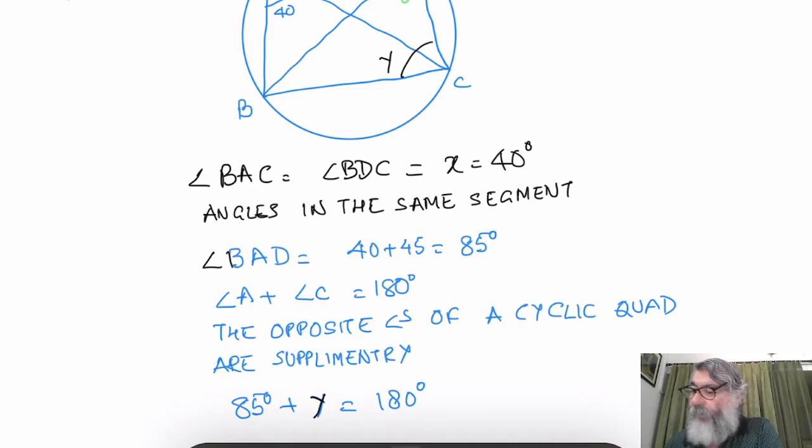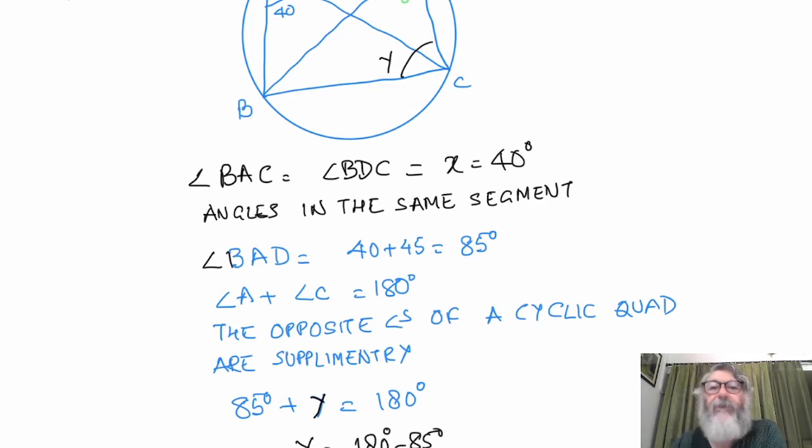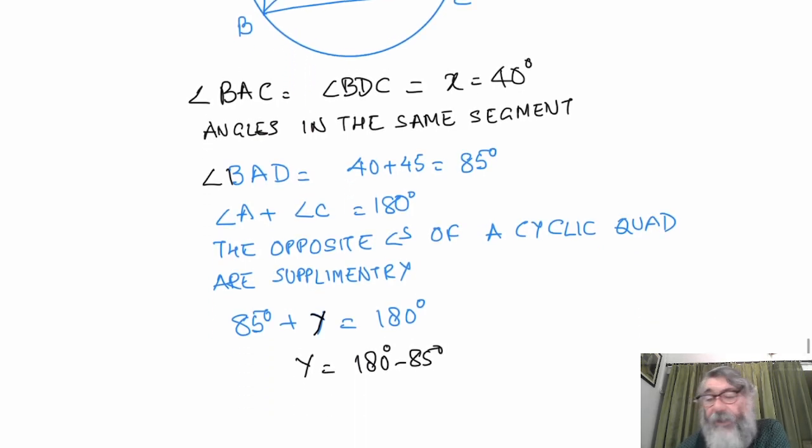I have drawn the Y in the black color, so let me write Y also in black only. Y will be equal to 180 minus 85. If from 180 I would have subtracted 80, I would have got 100, but 5 more, so 95 degree.